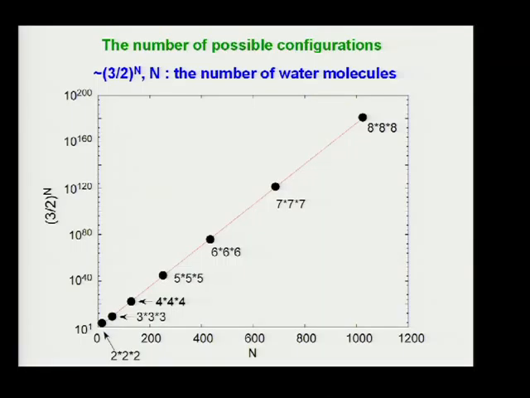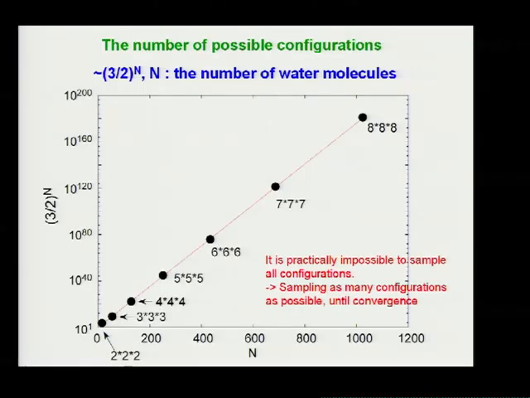But as the supercell gets larger and the number of molecules increases, the number of possible configurations increases exponentially. If we have an 8x8x8 supercell, then the number of configurations becomes 10 to the 200th power. Therefore, it is practically impossible to sample all configurations if we increase the supercell.